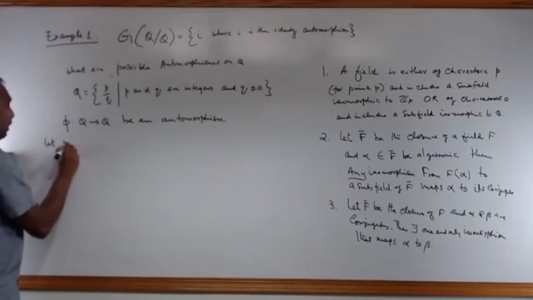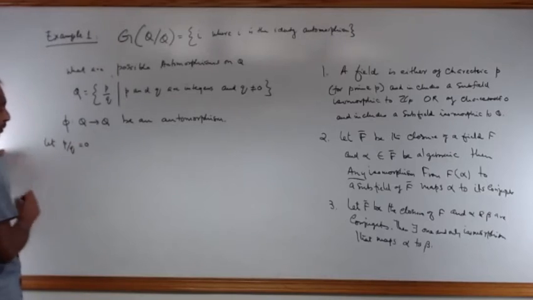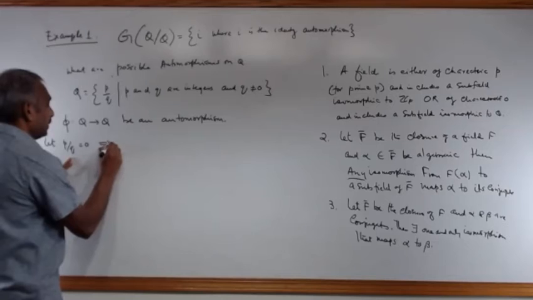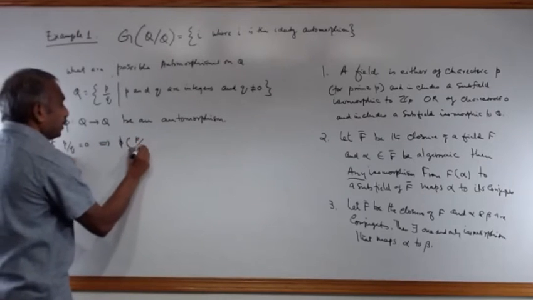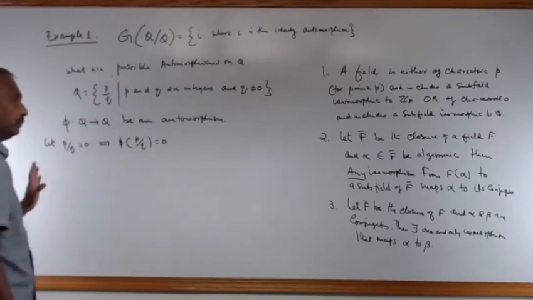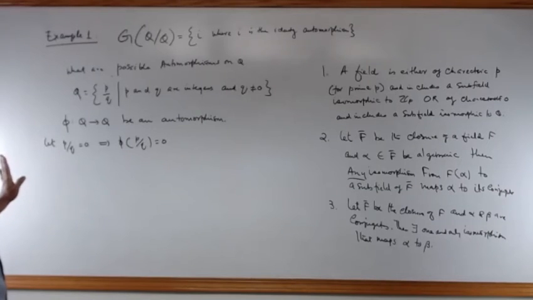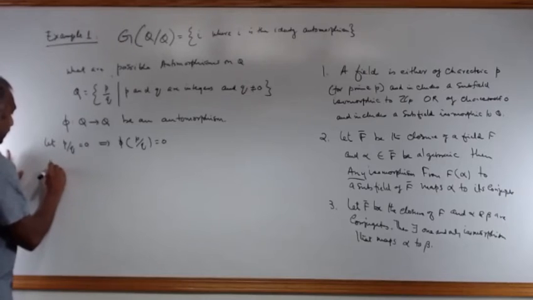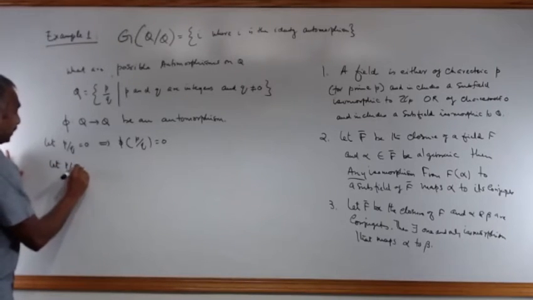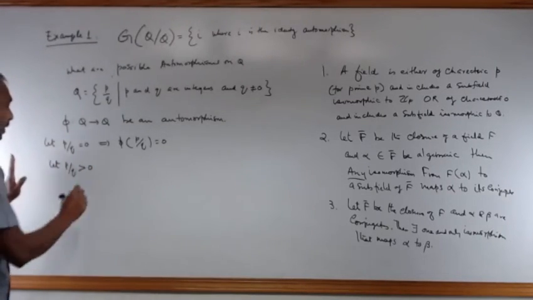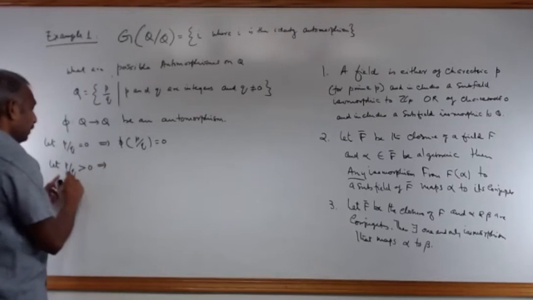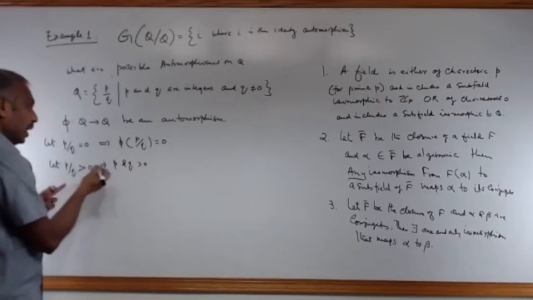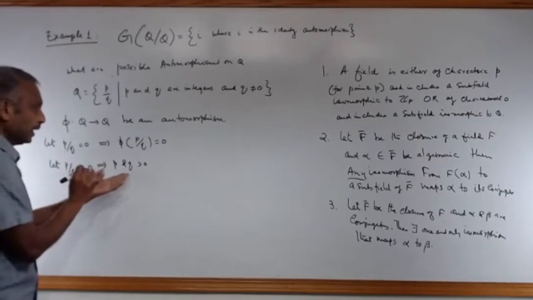Let p by q be equal to 0. That means p equals 0, and that implies phi of p by q is equal to 0. No doubt. And let p by q be greater than 0. That will imply both p and q are greater than 0. Either way is fine, but we are going to take it this way.